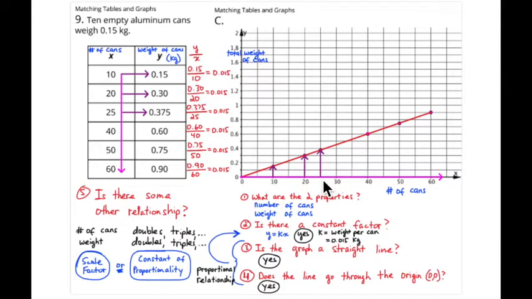So the 25 up to 375 thousandths, which is a point right here. It's just below 400 thousandths or 4/10, and that's the y coordinate. So this is the x coordinate, 25. This is the y coordinate, 375 thousandths. So you graph the x coordinate first, and then the y coordinate second.